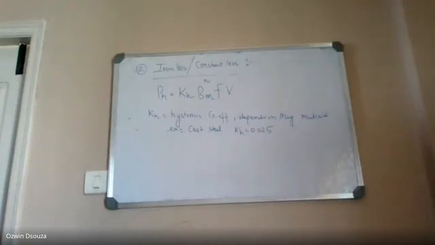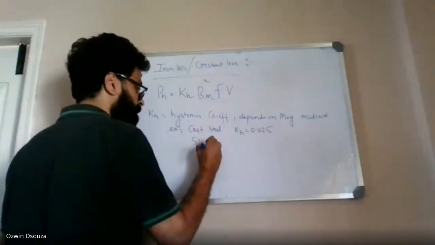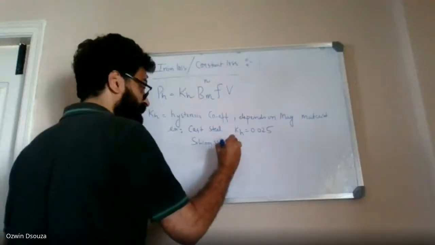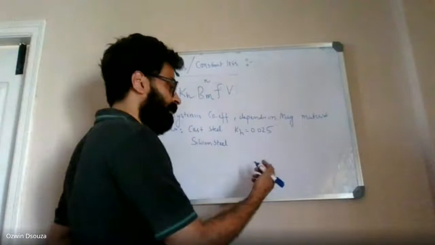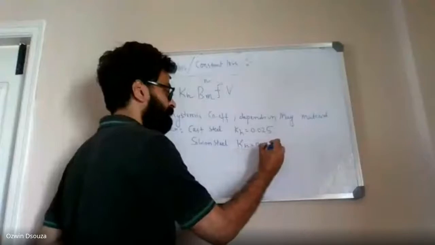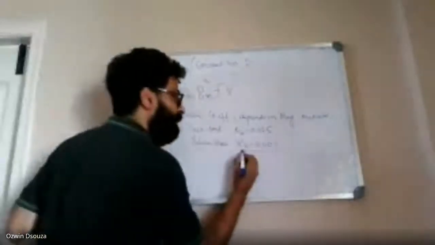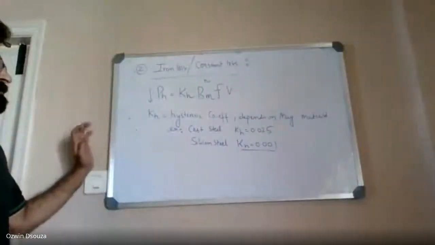On the other hand, if you consider silicon steel, which is considered as one of the best magnetic materials for the construction of electrical machines, the value is 0.001. So you can clearly observe that the lesser the value of KH, the lesser will be the hysteresis loss.